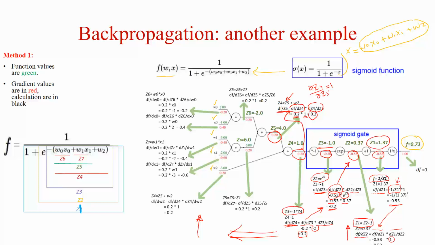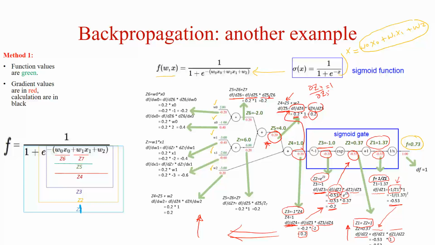Now back propagate. You can see this is a continuous process of back propagation. Now I can compute delta f over delta z6, which is equal to delta f over delta z5, which I already computed. It's right here. Multiply by delta z5 over delta z6. Again, I forgot the delta here.